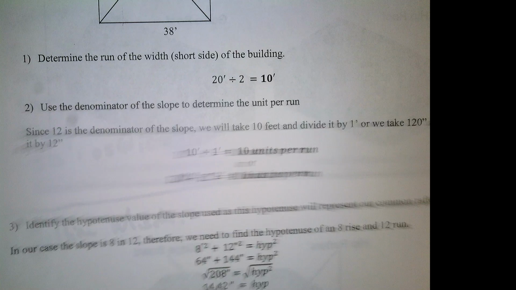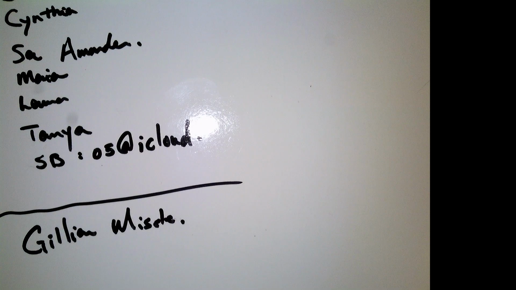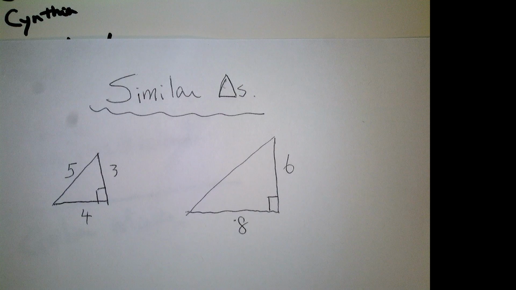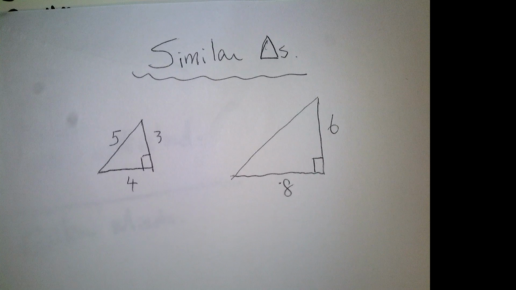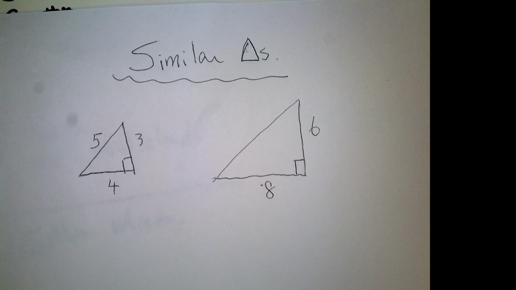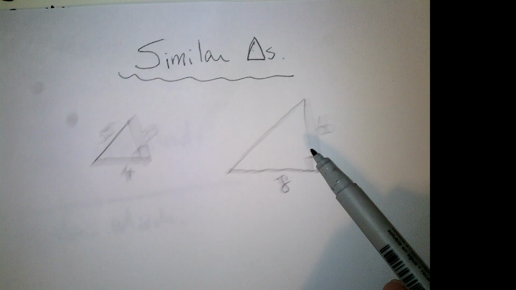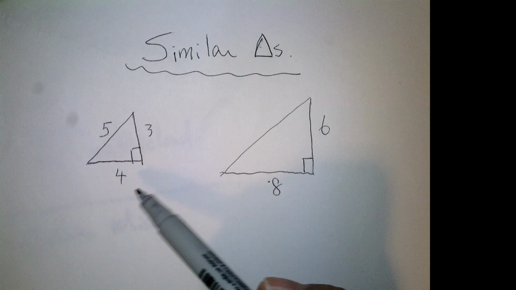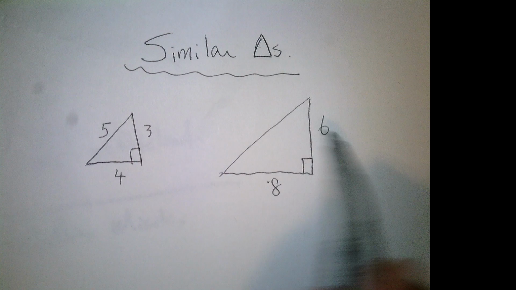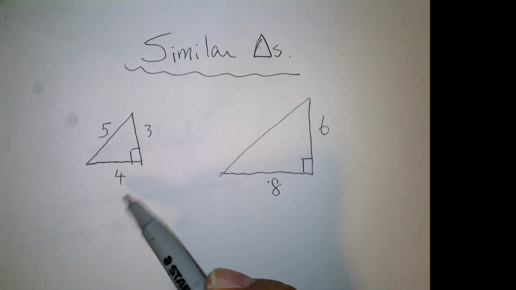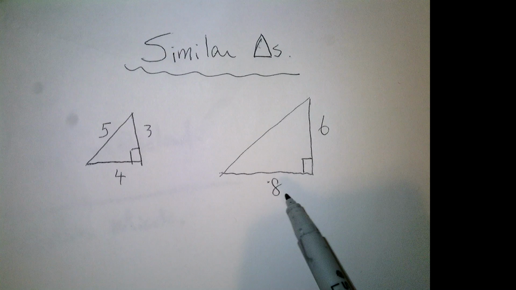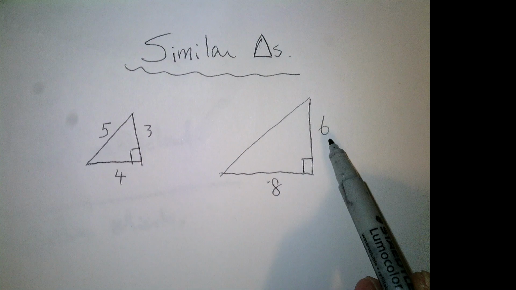The second math skill is similar triangles. Exactly what are similar triangles? Two triangles whose angles are all equal are called similar triangles, and similar triangles tell you the ratios of corresponding sides are equal. For example, in this case, 4 times 2 is 8, 3 times 2 is 6.